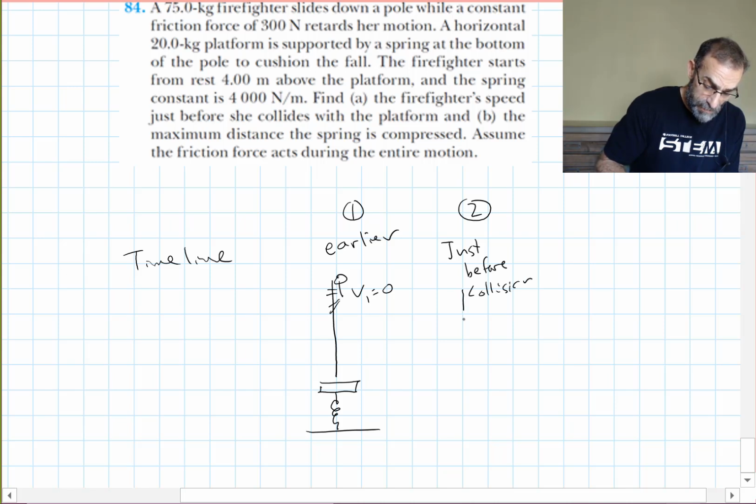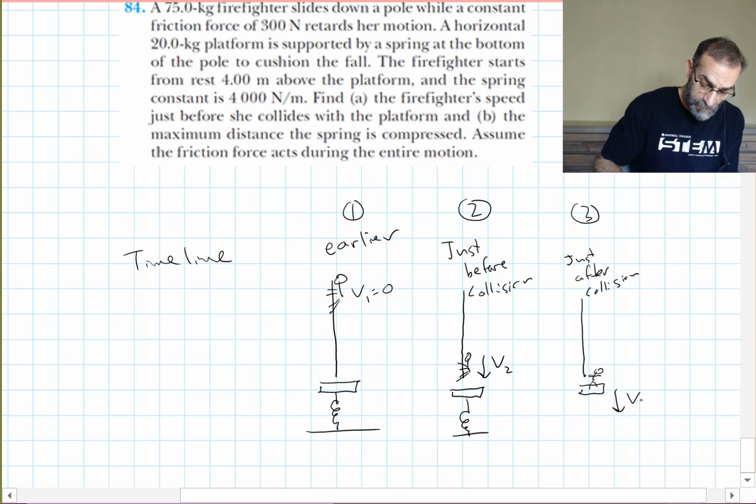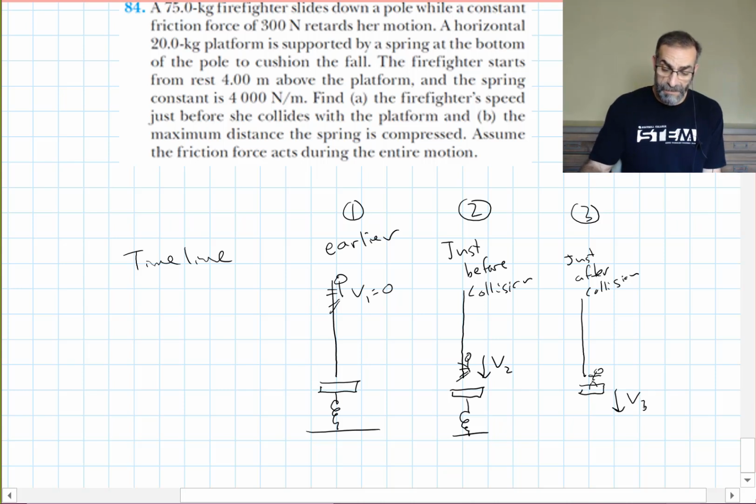So our firefighter now is here, moving with speed v2, just about to collide with that platform. And 3 is just after the collision. They are moving together.